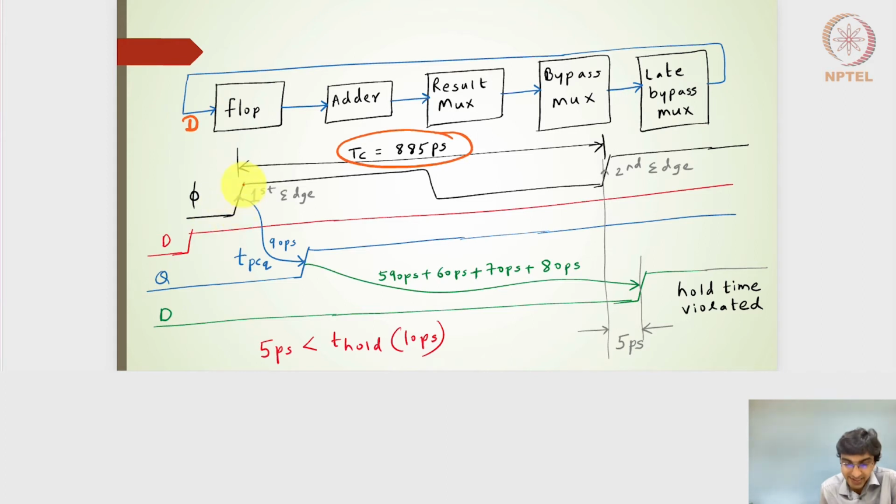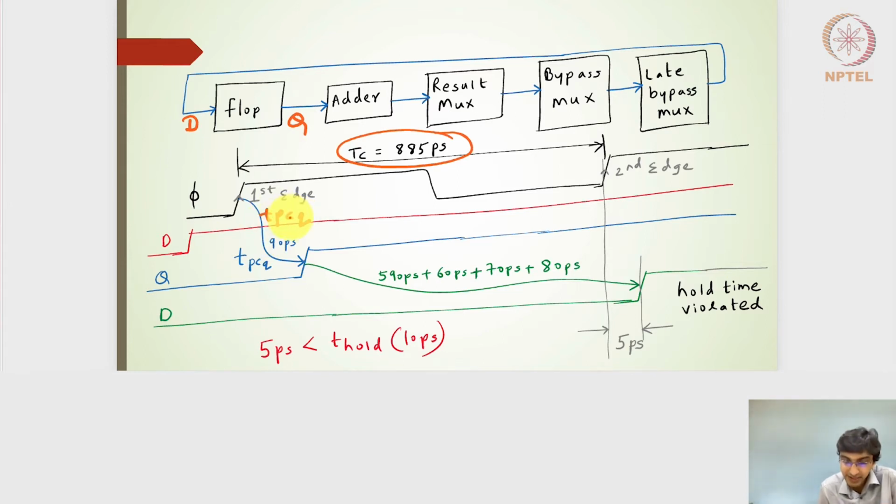The moment it sees the first clock edge, we get the output of the flop. This is the output of the flop, and this particular delay is TPCQ, propagation clock to Q. In this diagram, I am considering only the propagation delays. I have not yet come to the contamination delays, but am looking at the setup time failures.